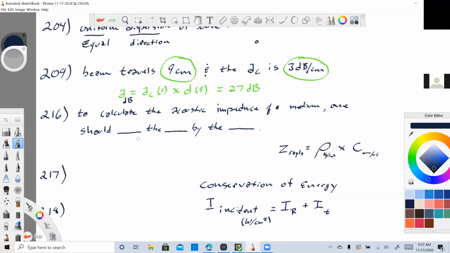It says multiply, so I'll just put X: multiply the density by the speed of sound. So that's B, letter B. I did that one. That's really straightforward, but it's a good example. You've got to put those into memory as best you can.